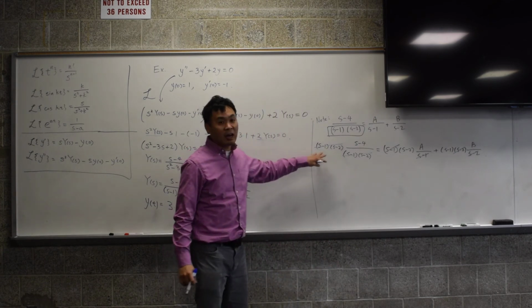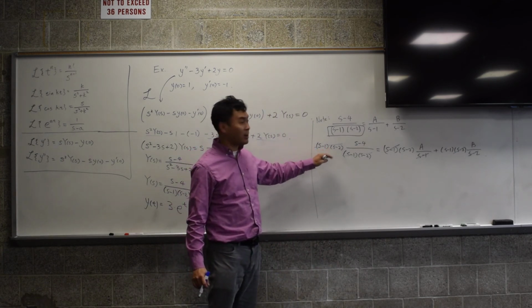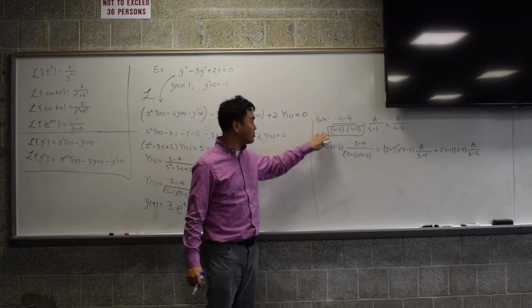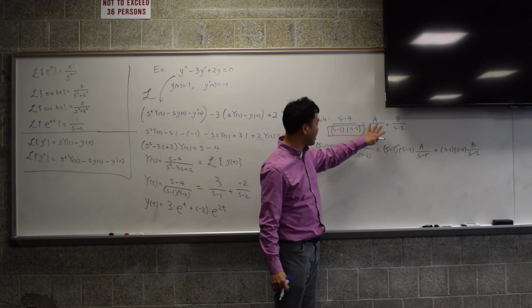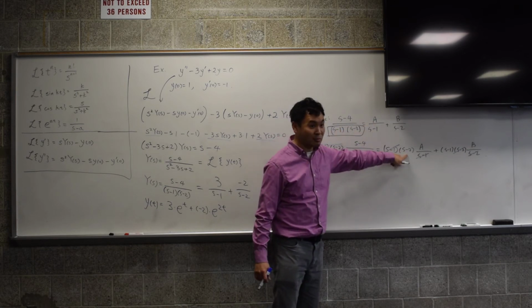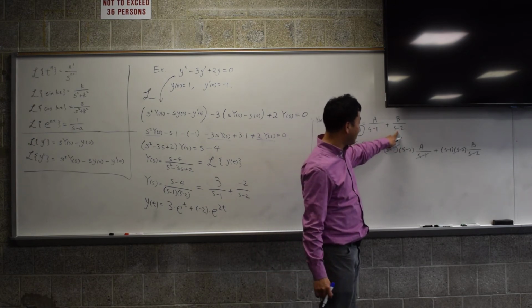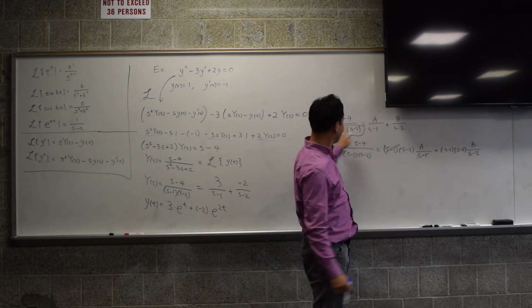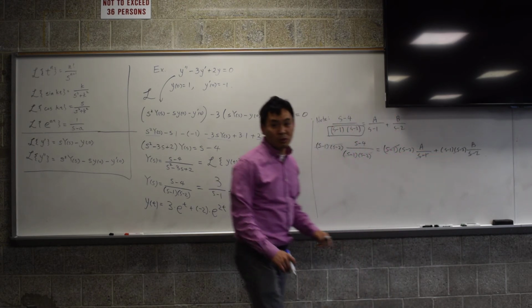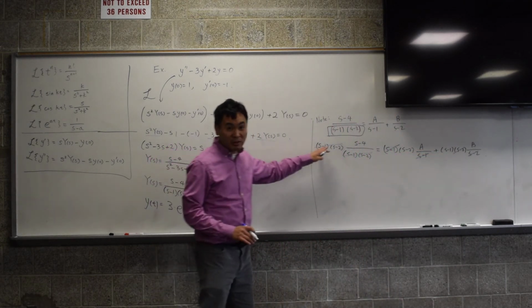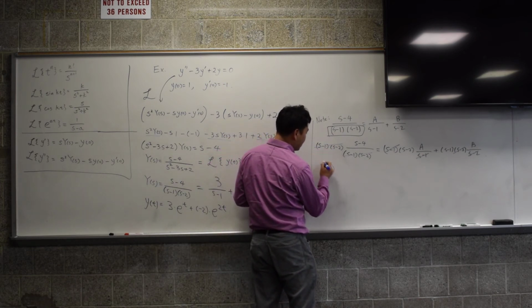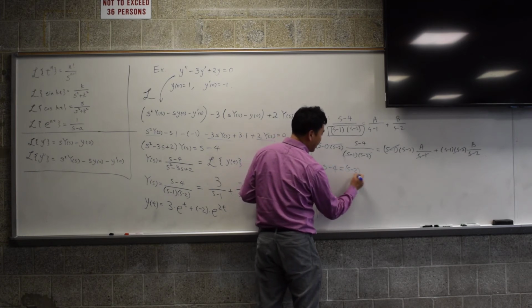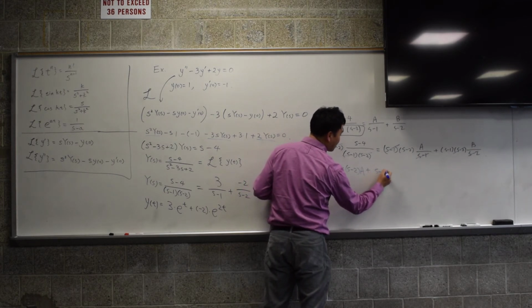Now I wrote all this down, but you can definitely do this without writing it down. You can just see this and say, what would happen if I multiply this? Well, if I multiply this, this is going to go away on the left side, but on the right side, if I have s minus 1, it will be s minus 2 that survives. On this side, it will be s minus 2 that cancels, leaving you with s minus 1. Okay? So can you do that without having to write all this? Yes, right? And then what you do is you say s minus 4 equals (s minus 2) times a plus (s minus 1) times b.